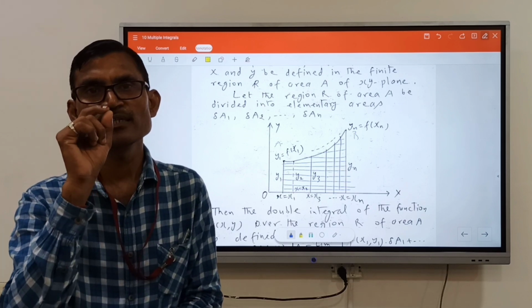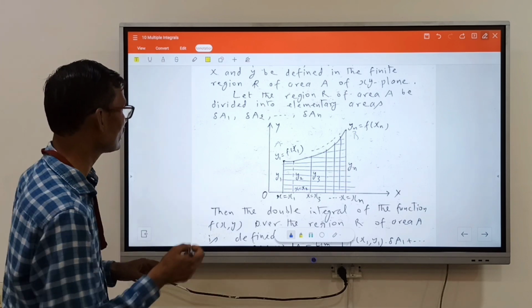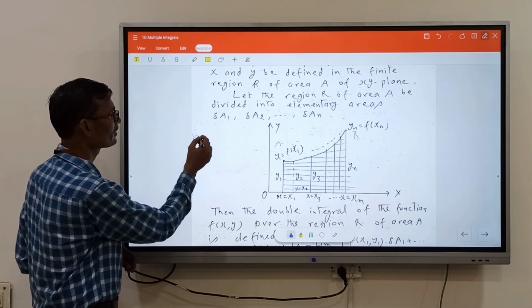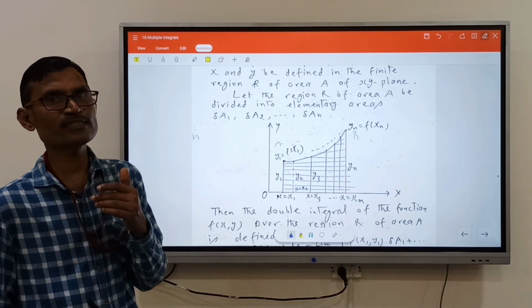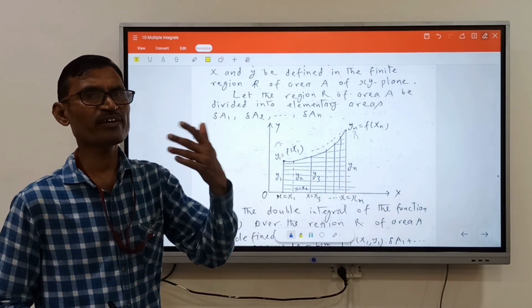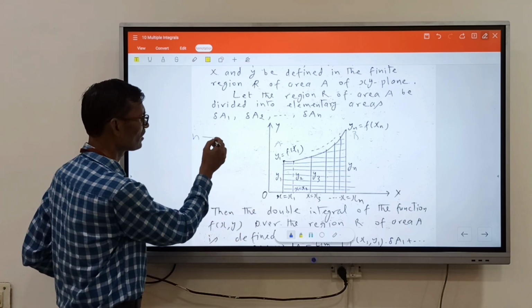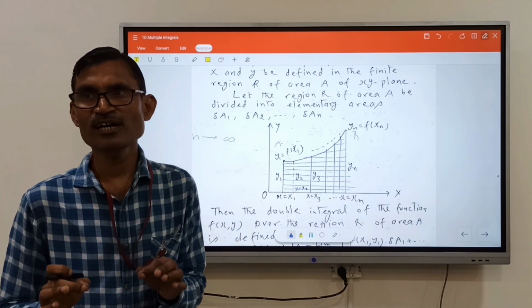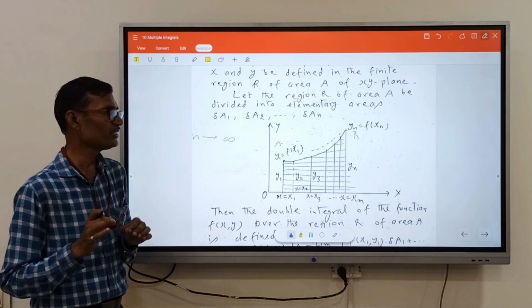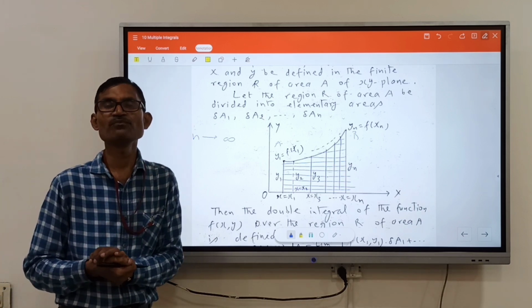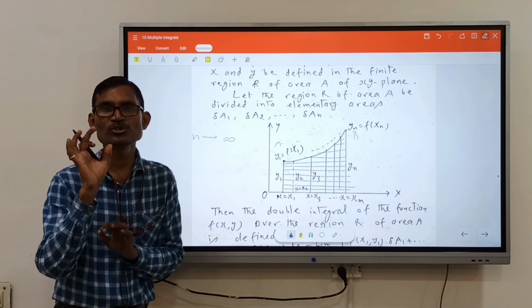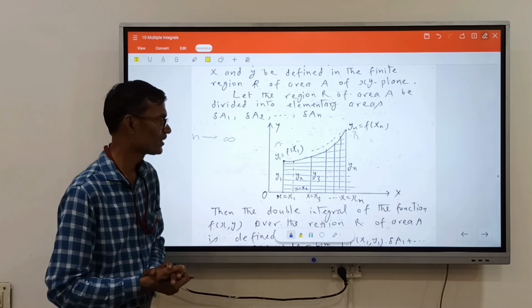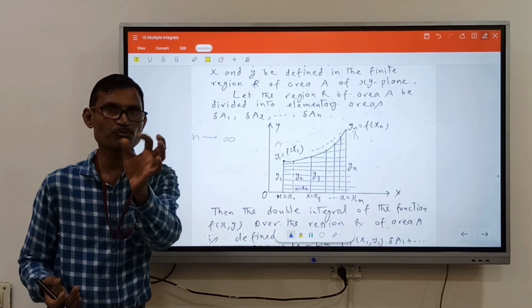Suppose the number of parts is n, and if we increase it infinitely, the area of each rectangle will tend to 0. Very, very small.